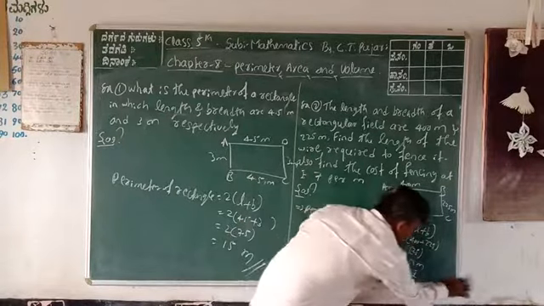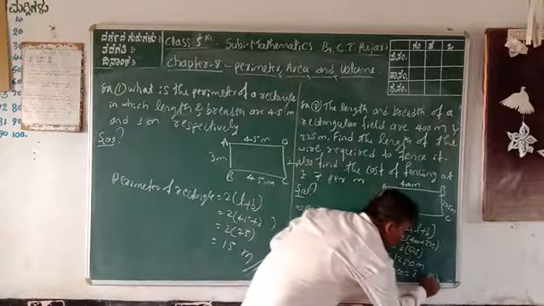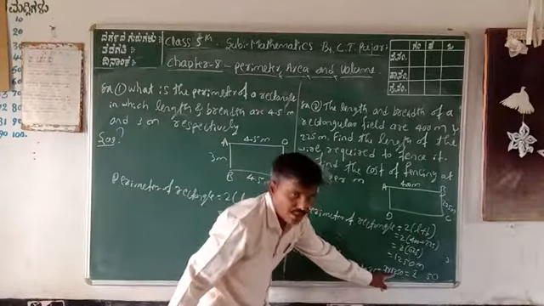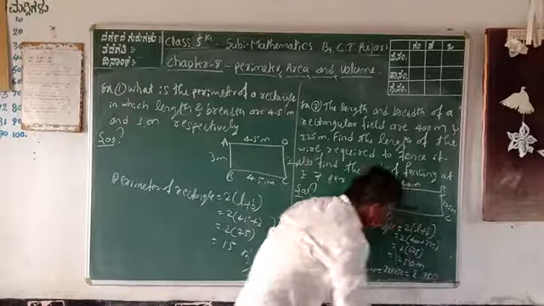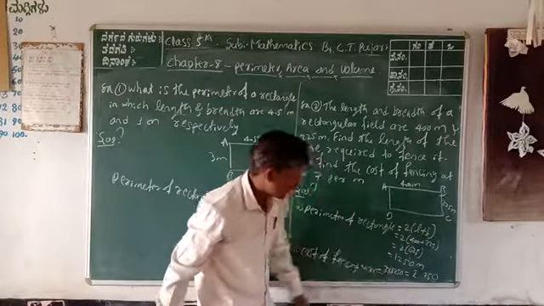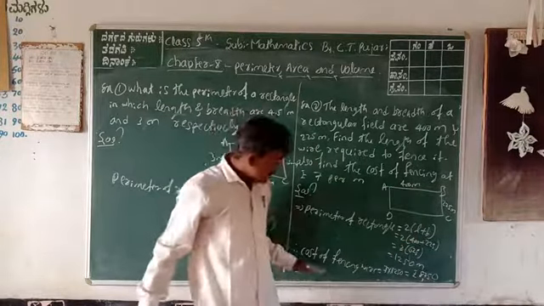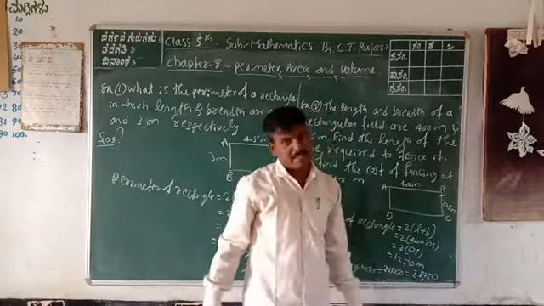Next 0. Next 7 fives are 35, carry 3. Next 7 twos are 14, 14 plus 3 is 17, carry 1. Next 7 ones is 7, plus 1 is 8. The cost of fencing the wire is 8,750 rupees.